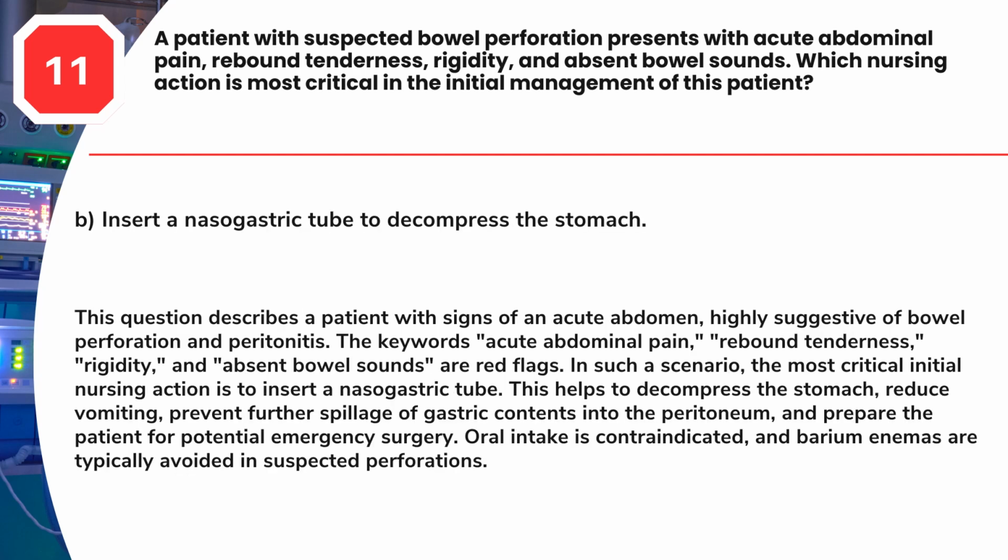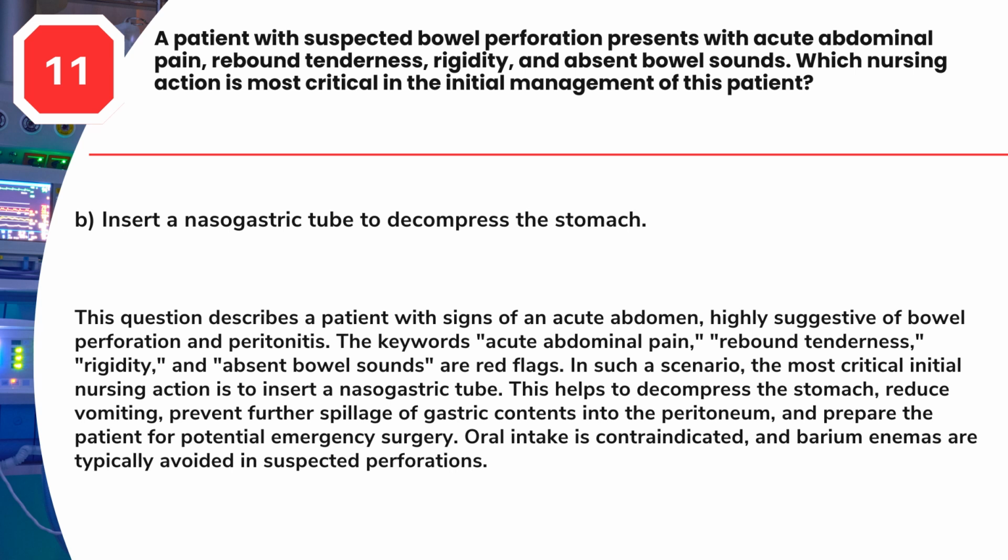Answer: B. Insert a nasogastric tube to decompress the stomach. This question describes a patient with signs of an acute abdomen, highly suggestive of bowel perforation and peritonitis. The keywords acute abdominal pain, rebound tenderness, rigidity, and absent bowel sounds are red flags.